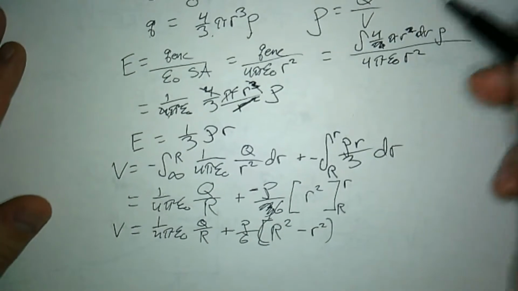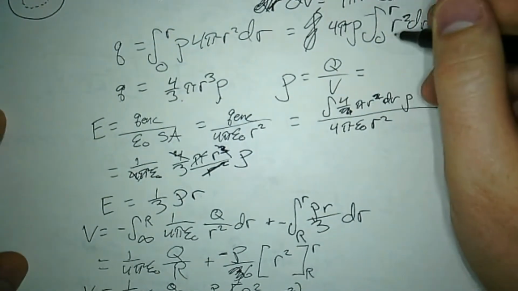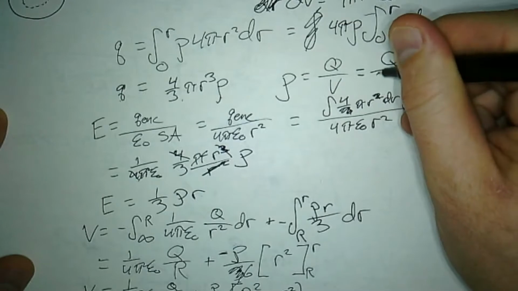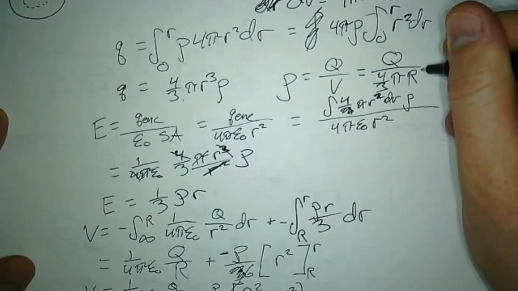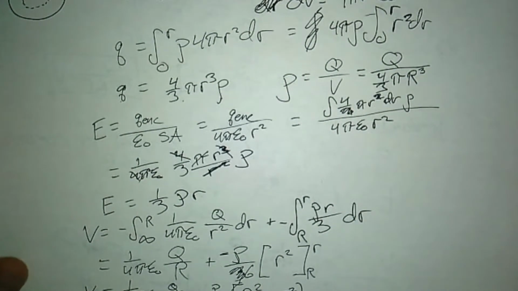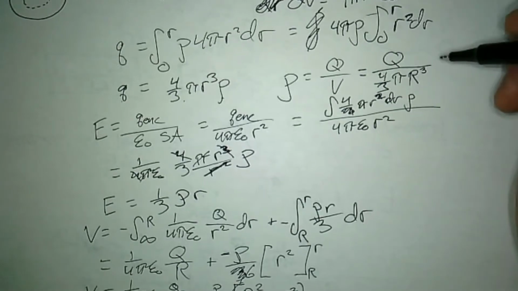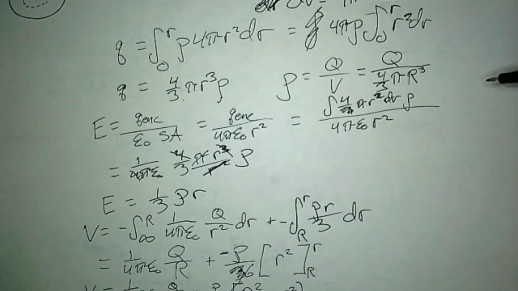So what I know from earlier is this relation here. I can replace this with the whole volume. If we're talking about the whole charge, I can write it like that. So let's go ahead and replace rho with that, Q over 4/3 pi R cubed, or I can put the 3 up top if you'd rather.